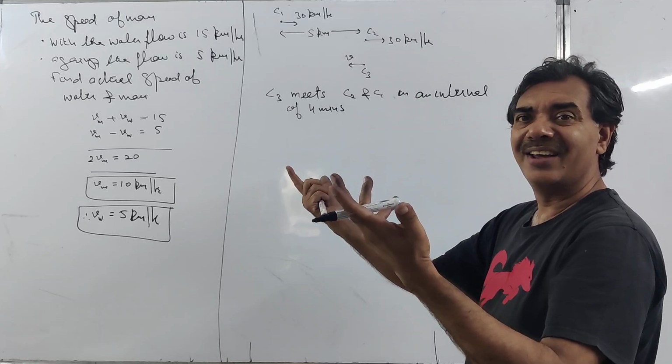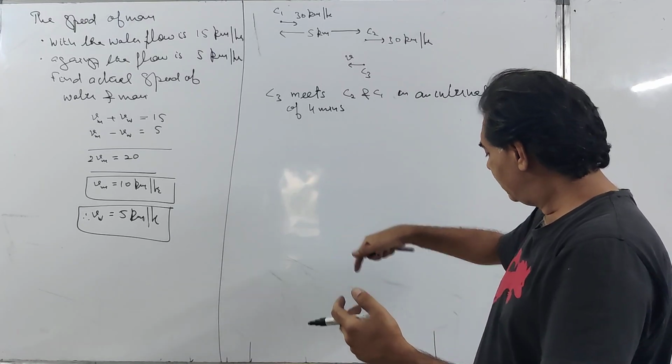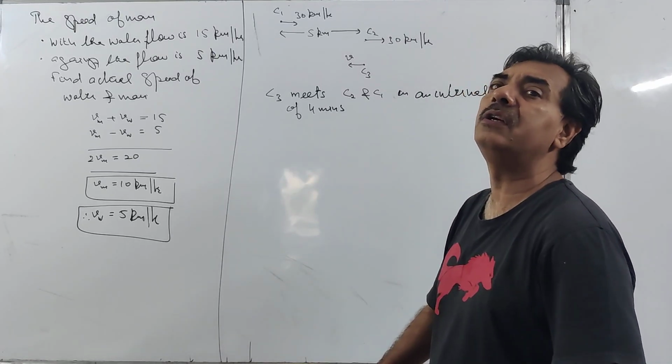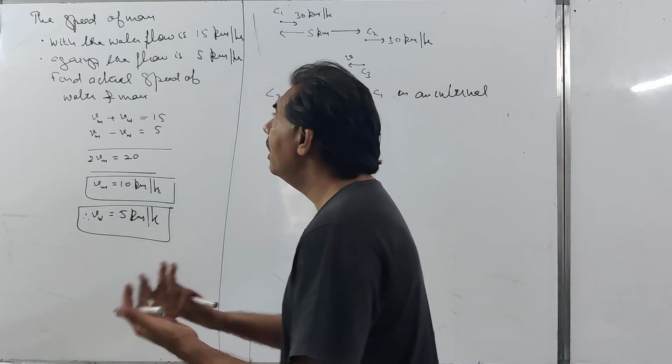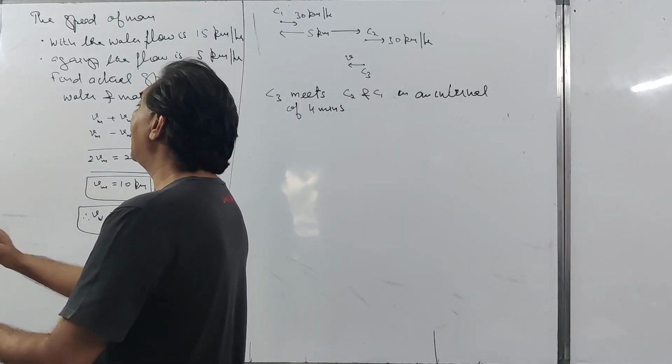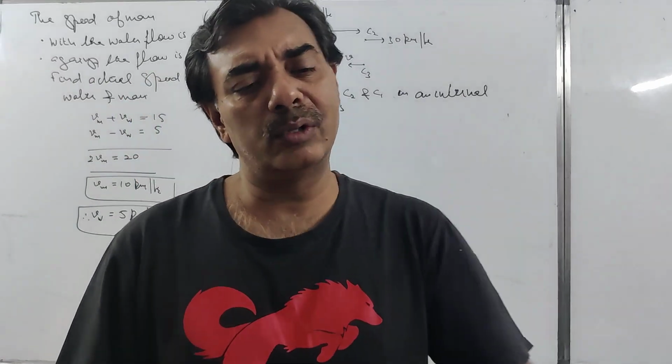The moment I pass this car, that is the instant t is equal to 0. And after 4 minutes I pass the car C1 also.